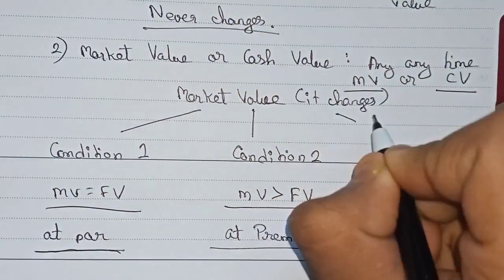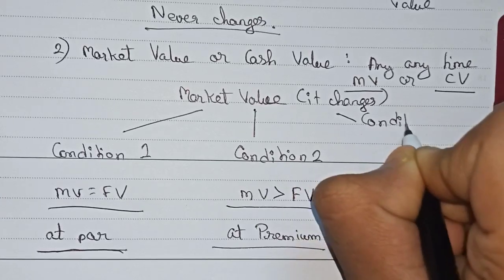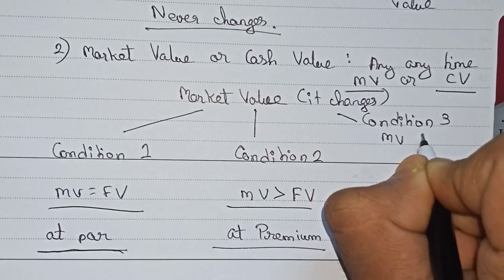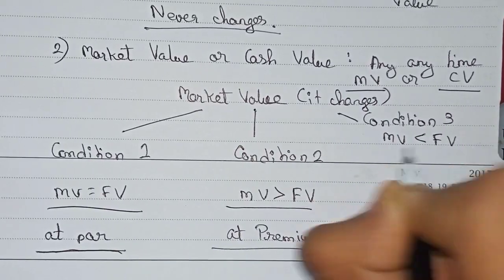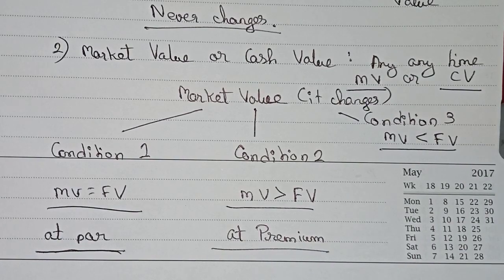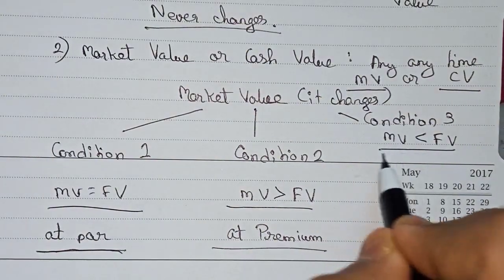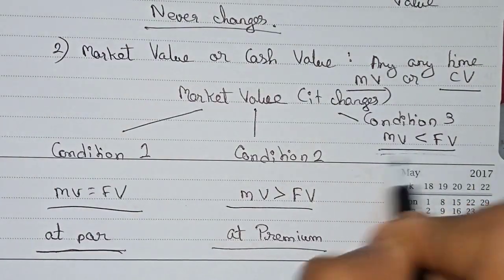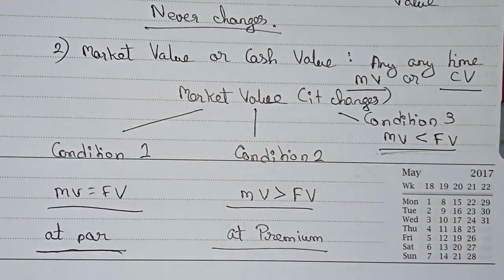Condition number 3: market value is less than face value. That means the price in the market is less than the price at which the company set the share. That means the market value is decreasing. Face value is greater than the market value.